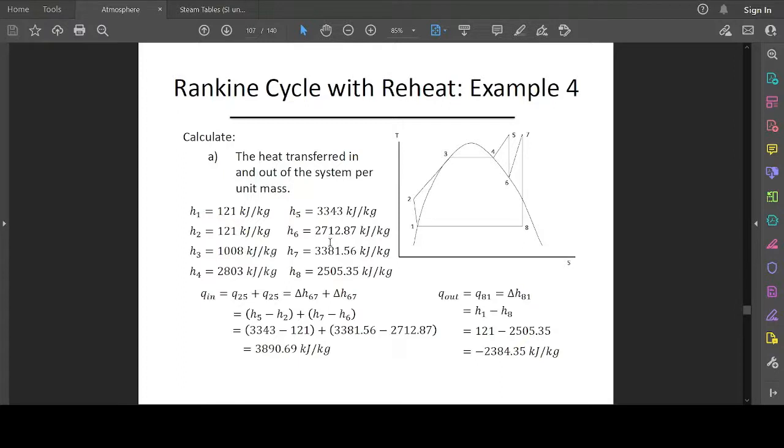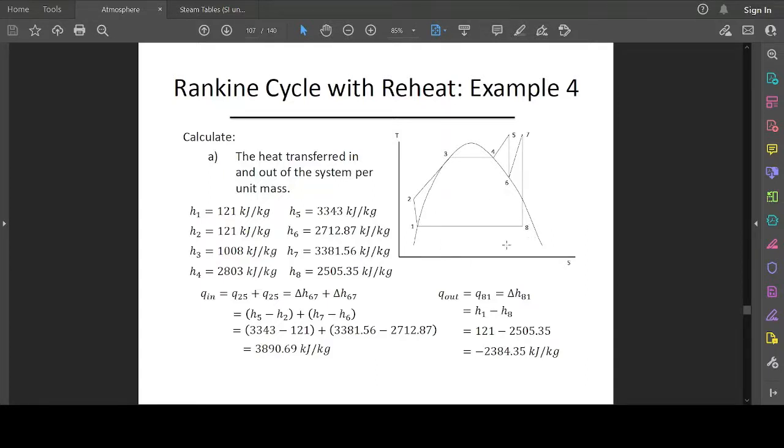When we plug in the values that we know already, we arrive at this value for the total heat added to the system. The heat removed from the system is at the condensation, so between stages 8 and 1. So the enthalpy change between 8 and 1 is here.